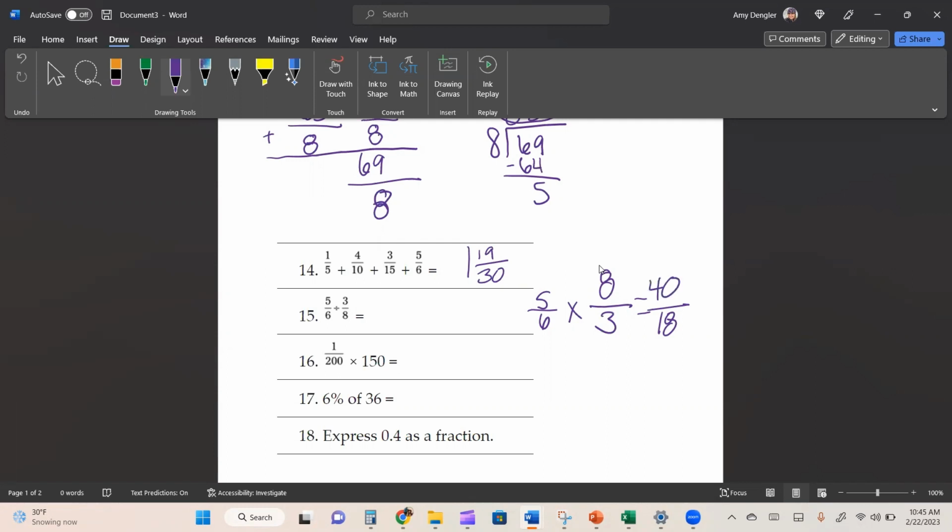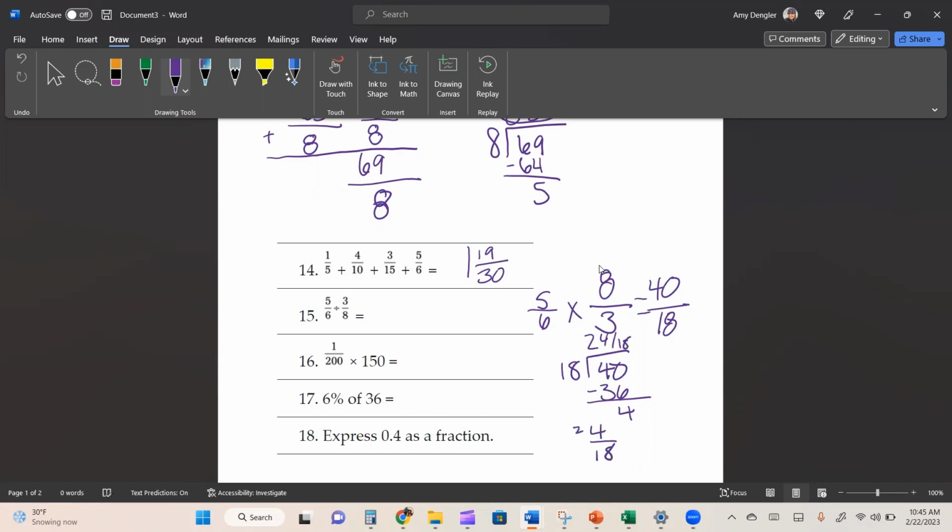So now we have 40/18, which we know we can't leave. So we would just go 18 into 40. 18 can go into 40 twice evenly. So 18 times 2 is 36. That leaves 4. So we have 2 and 4/18. That 4 and 18, though, needs to be brought down to lowest terms.